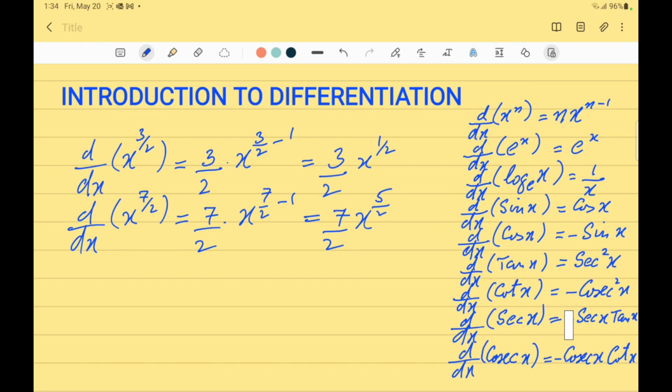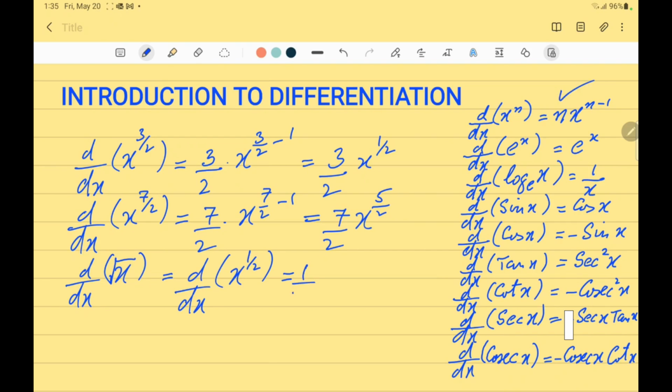One more example, like if we try to differentiate square root of x, how it will be done. Square root of x can be written as x raised to power 1 over 2, and now we can apply the same formula, the basic formula, this one. 1 over 2 we will bring down and then subtract 1 from the power.